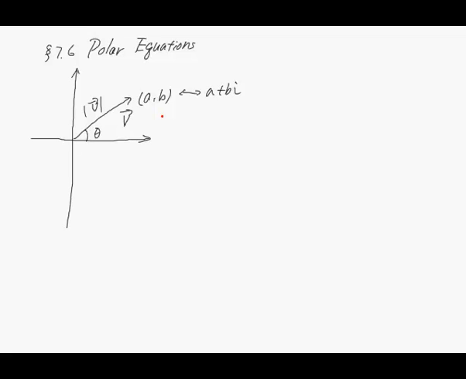So now, with one angle and one number, the magnitude of this vector V, we can determine one point on this plane, right?